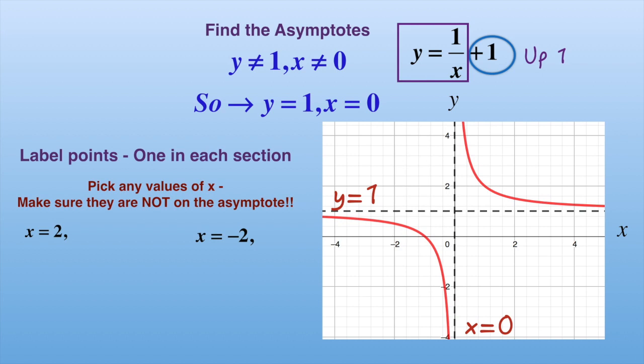So I have to substitute the x value back into my original equation, y equals 1 on x plus 1. So I get y equals a half plus 1, which is 1 and a half. So I get my coordinates 2, 3 on 2. And then when I go x equals minus 2, I get y equals 1 over minus 2 plus 1, which is a half. And then I plot them on my graph.